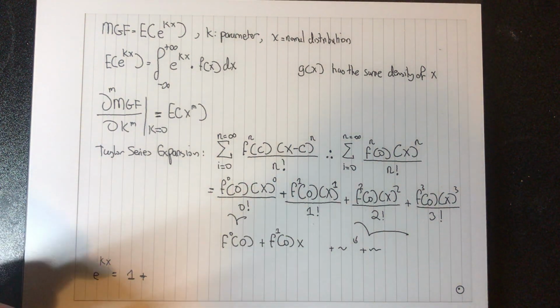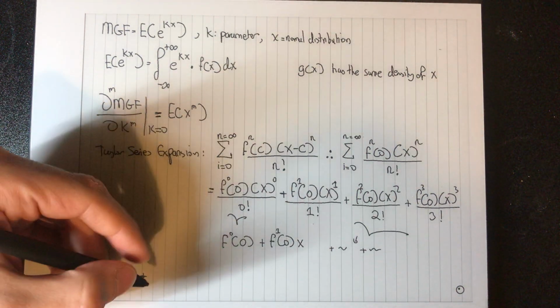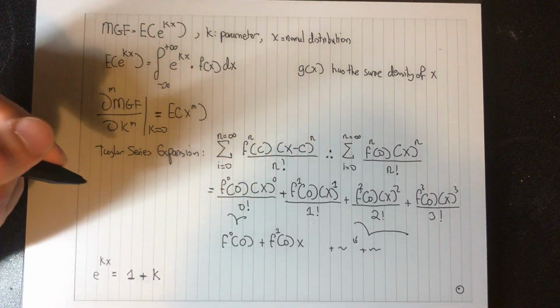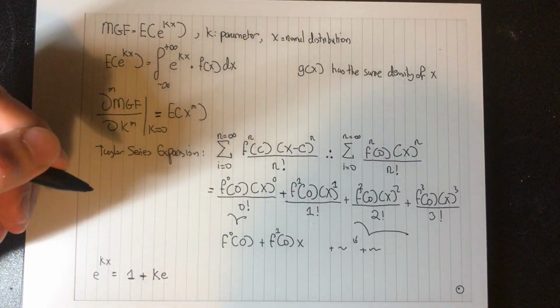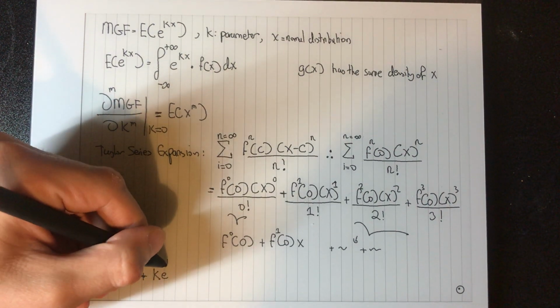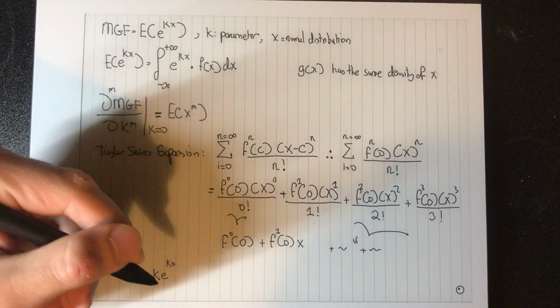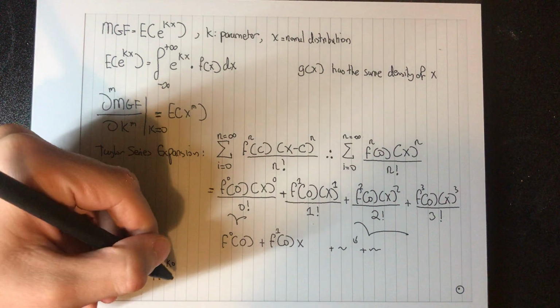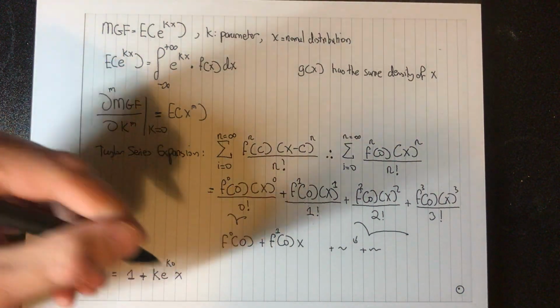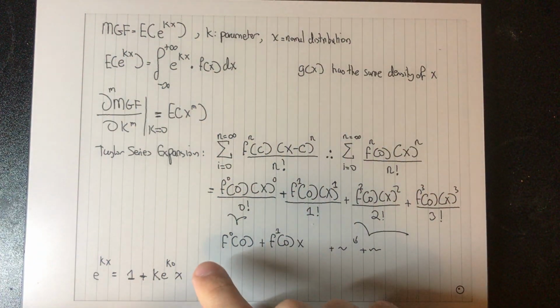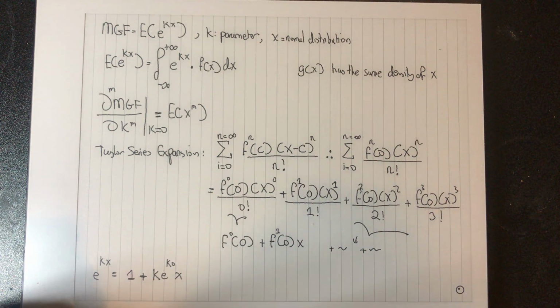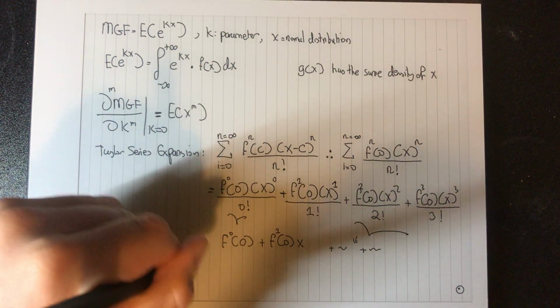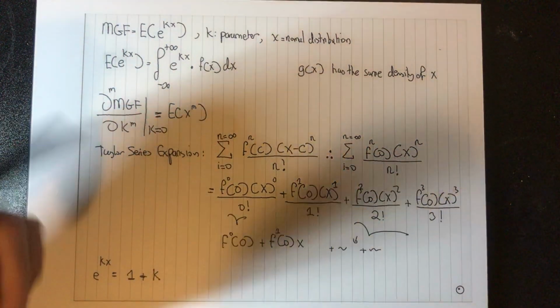Setting x equal to 0 would give us e to the power of k multiplied by 0, multiplied by x, and this e to the power of k multiplied by 0 is simply equal to 1, so we can simply delete that and just write x over here.